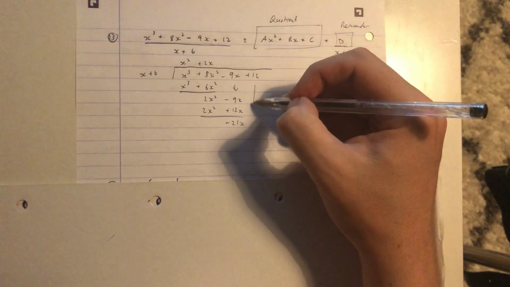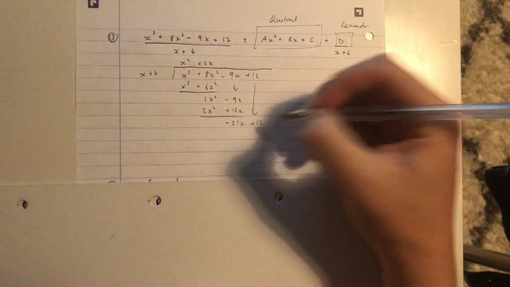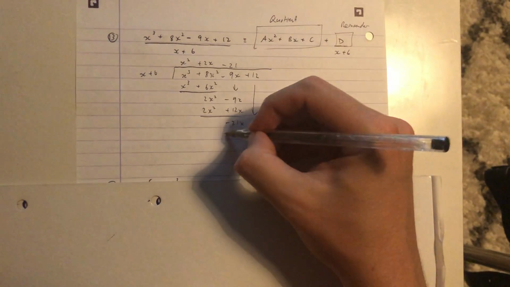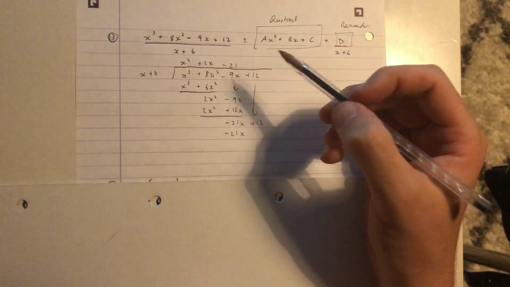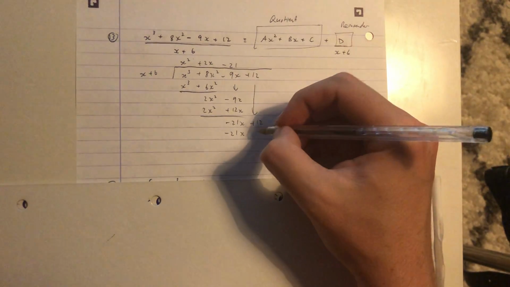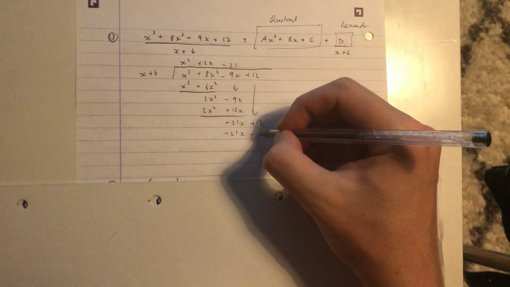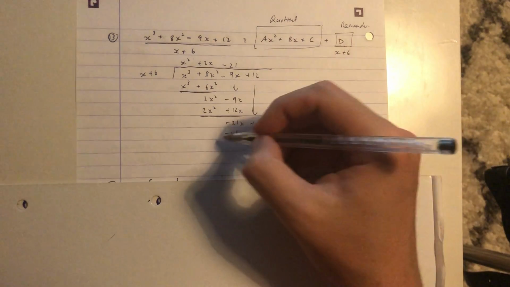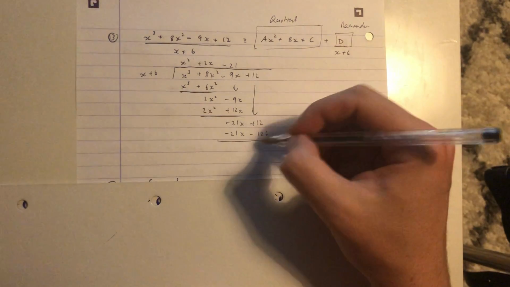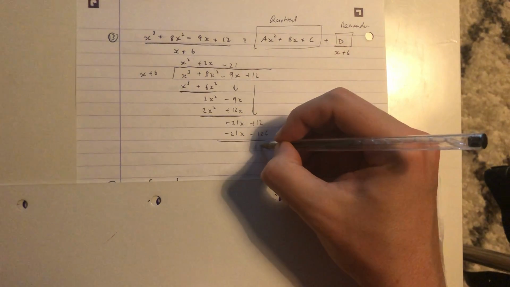Bring the next term down. Then you want a minus 21 to get rid of this first column. 6 times minus 21 is minus 126. Final subtraction, don't make a mistake, would be 138.